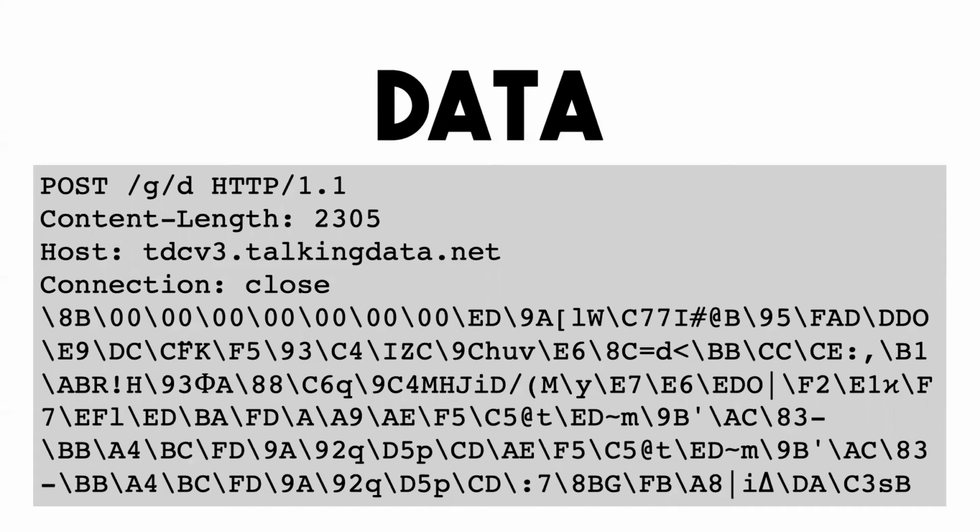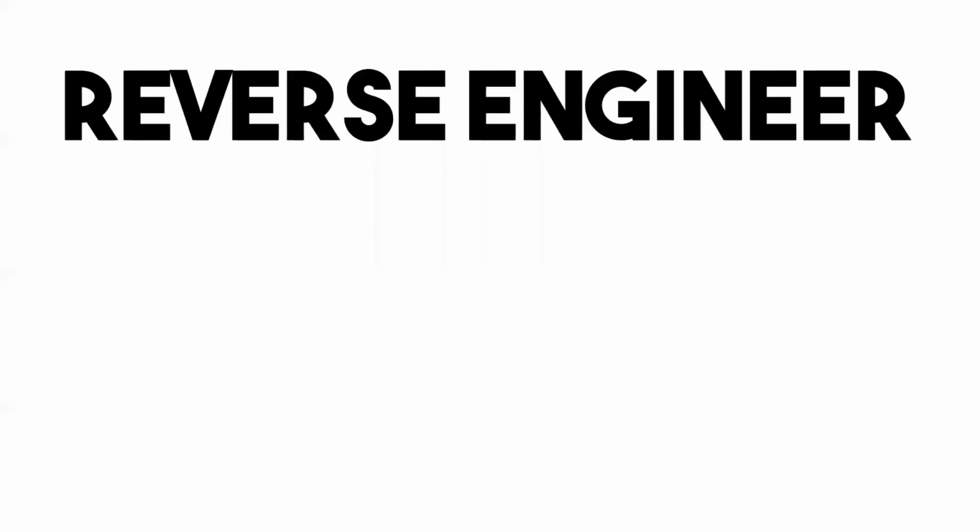Why is it sending these massive POST requests to some random server? Bearing in mind that talkingdata.net is a Chinese analytics company, so it isn't even who developed the application where this data is going to. It's some other third-party service. So I was like, this is really strange. I need to figure out what's going on with this.